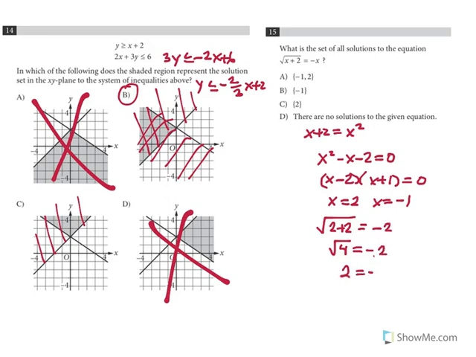So we have 2 is equal to negative 2. That is not a true statement. But if we put negative 1 in for x, then we've got the square root of negative 1 plus 2 equals negative of negative 1. So we have square root of 1 equals 1, 1 equals 1. So our solution is B, negative 1.